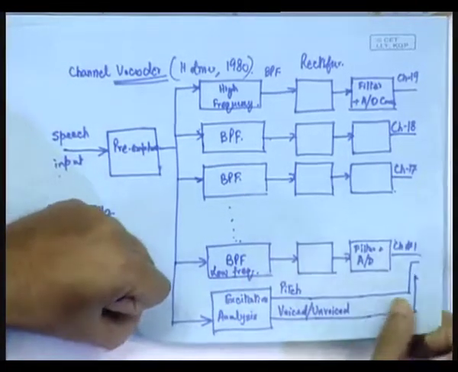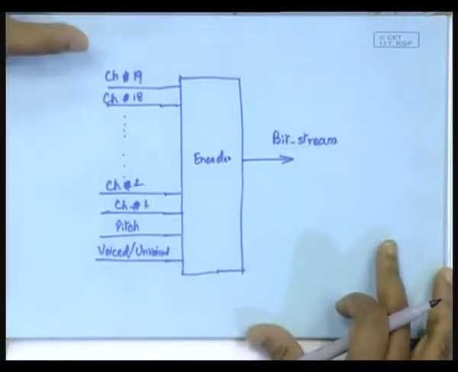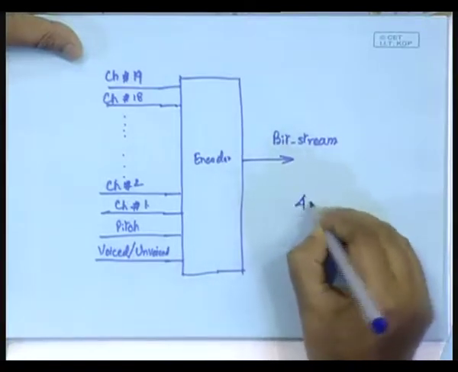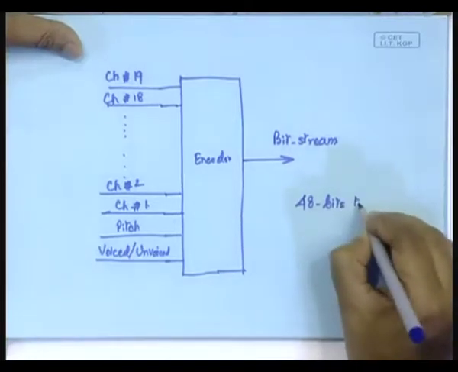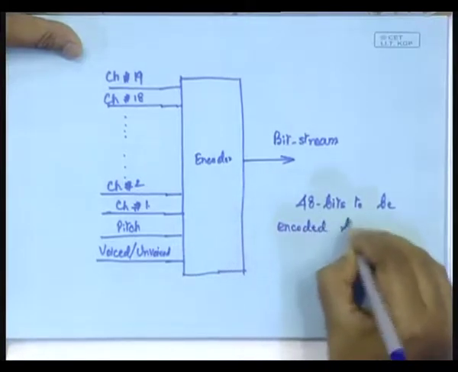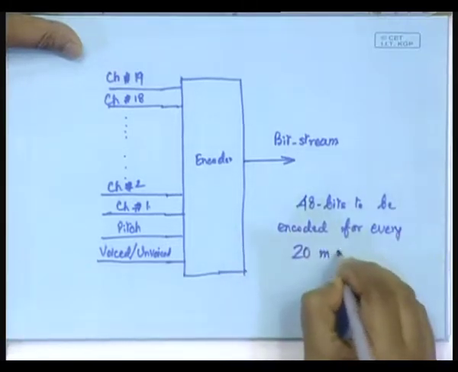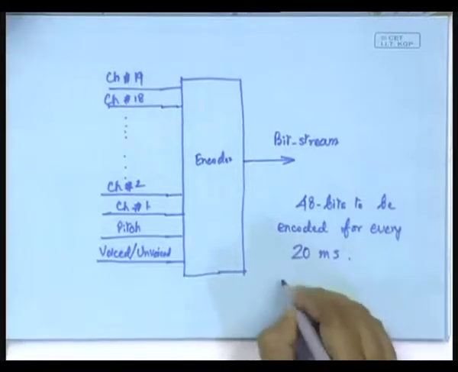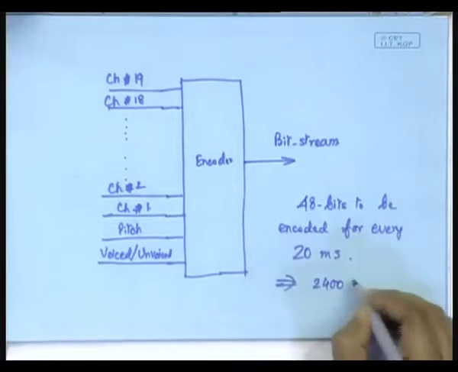In fact, what one can do is that in Holmer's channel vocoder, we require 48 bits to be encoded for every 20 milliseconds. Okay. So, that means that effectively the bit rate will be 2400 bits per second.